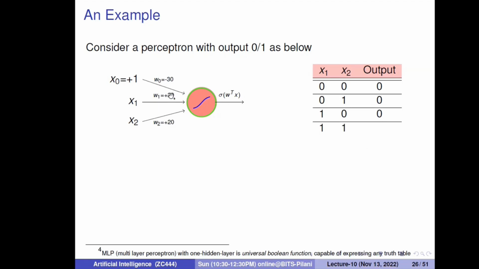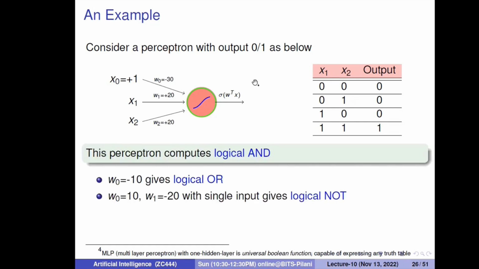For 1, 1, it becomes 40, and 40 minus 30 becomes 10. So the output is 1. This circuit gives this output. If somebody is from the electronics domain, or you apply your brain, you can say that this is an AND gate.